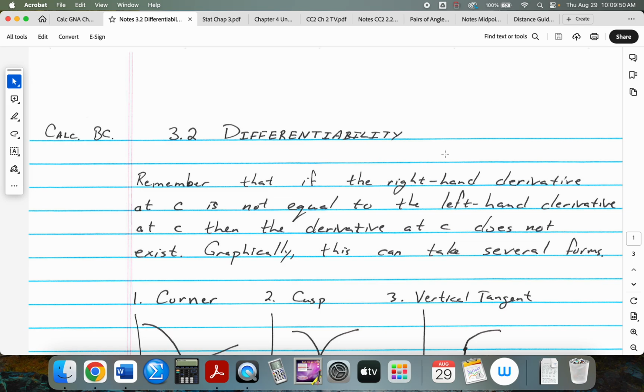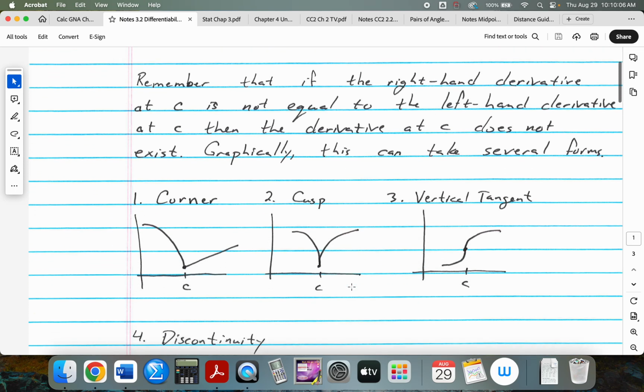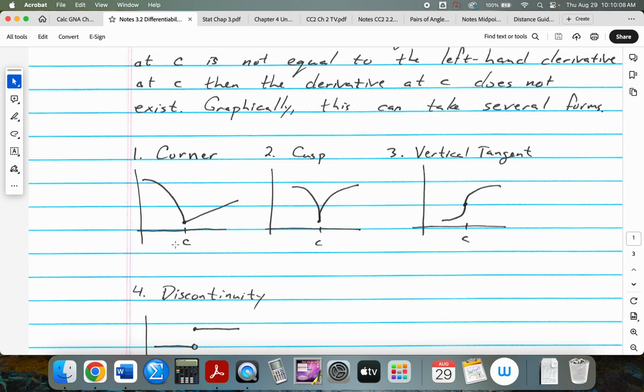So remember that if the right-hand derivative at C is not equal to the left-hand derivative at C, then the derivative at C doesn't exist. There are multiple forms that you'll see this in graphically. One of them is a corner, like so.